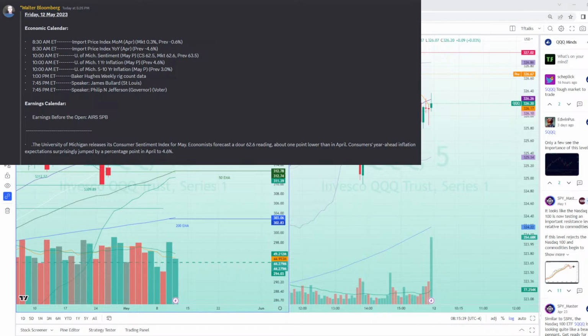And what I would do, if the data is bad, we will see a drop. Probably not big, but it dropped like 0.5% or 1%, and then we can try to buy the dip. I don't think we will have a big drop, but if we see some drop about SPX around the 4,000 level, 4,100 level, we probably are going to buy the dip for short term, like the day trade.